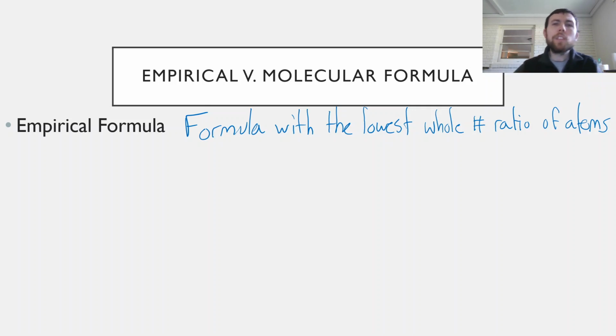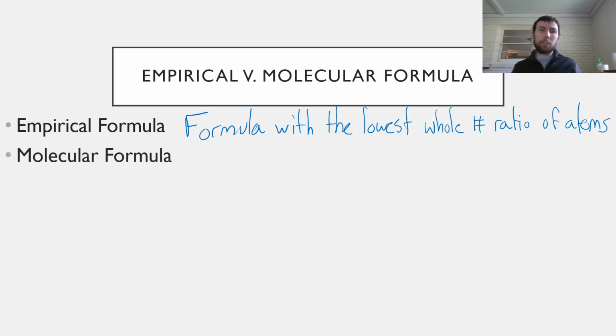This is going to be most useful for us as chemists when we're trying to look at percent composition. This doesn't necessarily tell you exactly how many atoms of each element you have in the compound, but it does give you those percentages, which are going to be the same regardless of how much of that substance you specifically have.